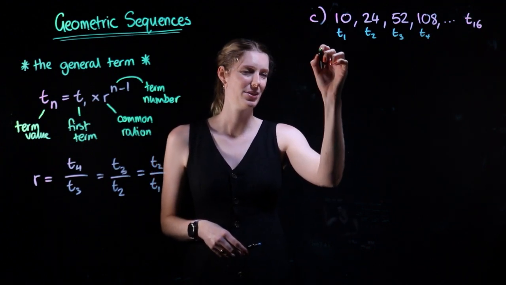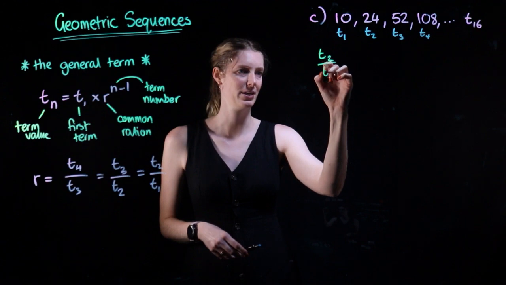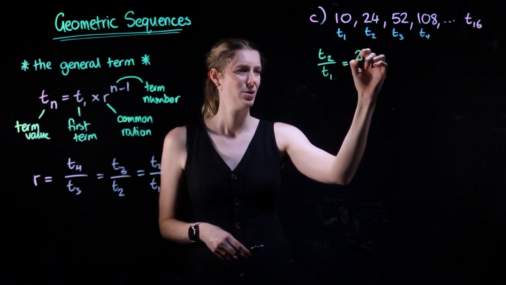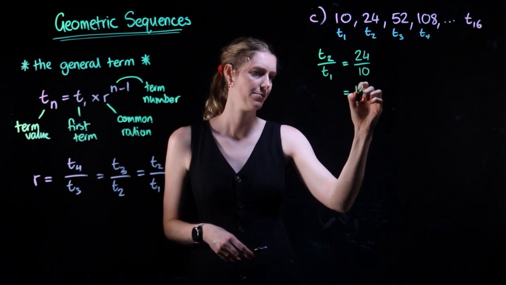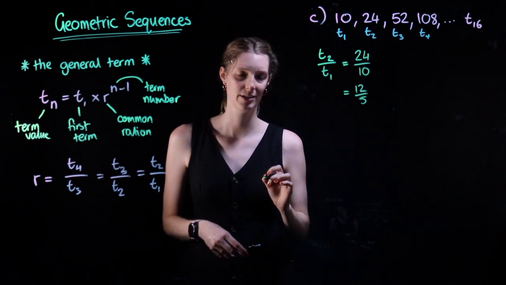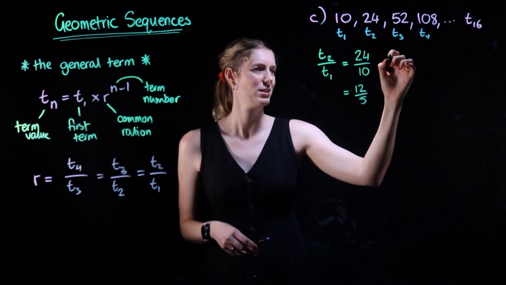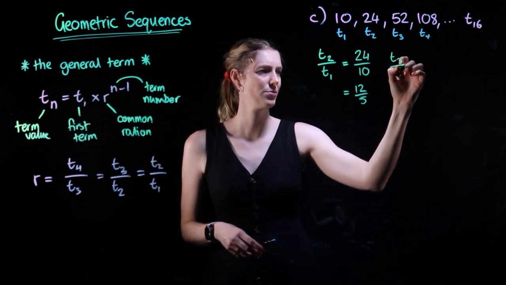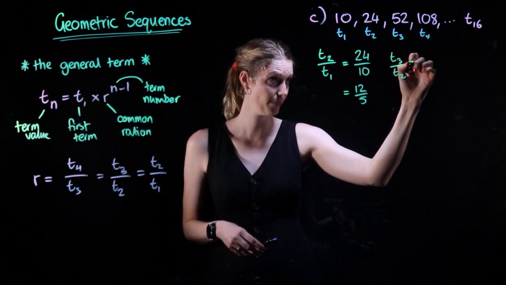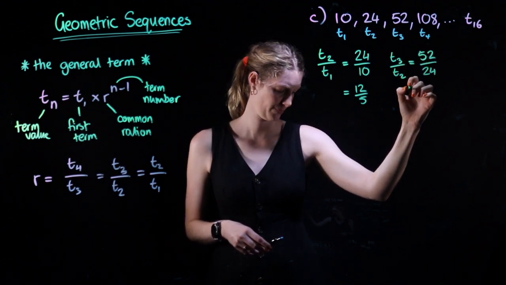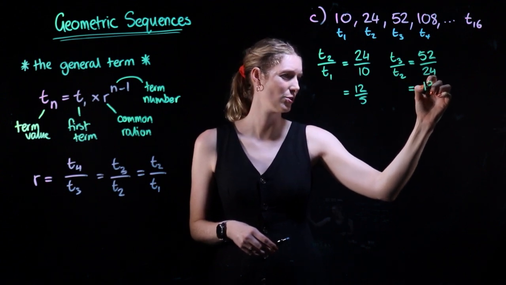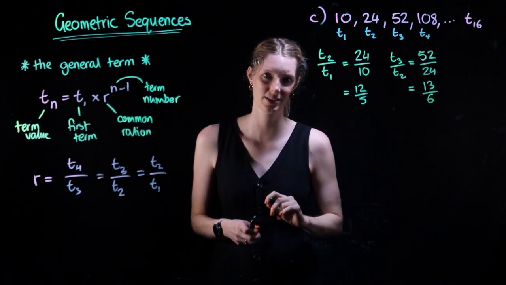So I'm going to start with term 2 divided by term 1, which is 24 divided by 10, which simplifies to 12 over 5. Let's have a look at our second pair of terms. Term 3 over term 2 is 52 over 24, which simplifies to 13 over 6.